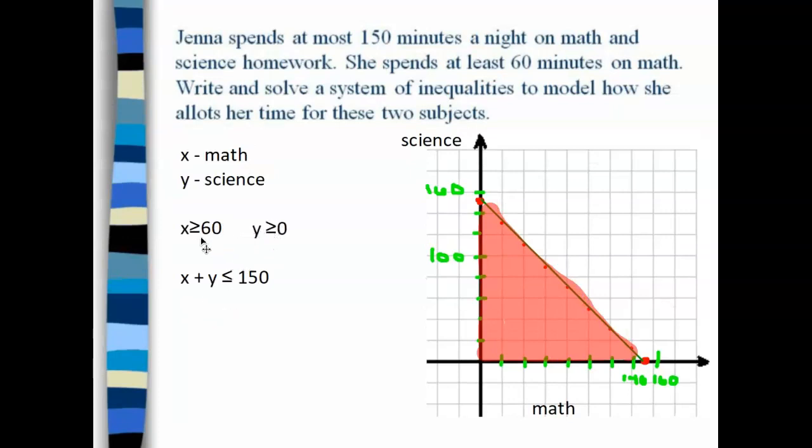So we still need to graph the math, x greater than or equal to 60. So 20, 40, 60, that's here. And what that means is that her math time can't be less than the blue line there. So her amount of time studying actually comes from this purpley blue triangle.